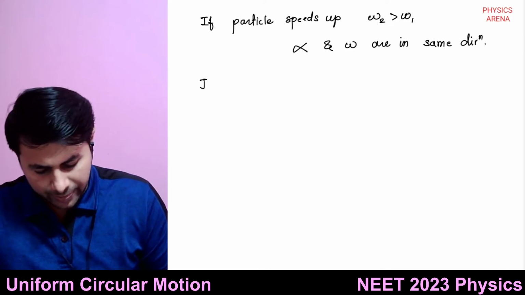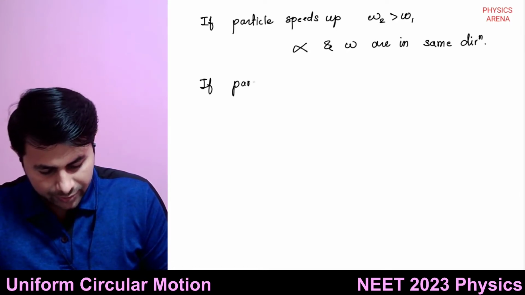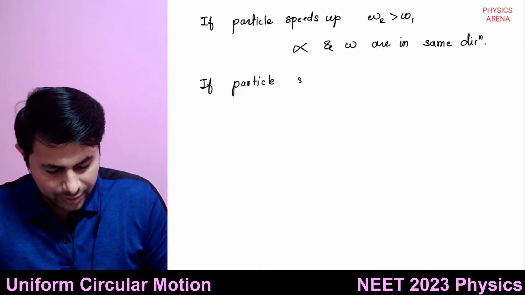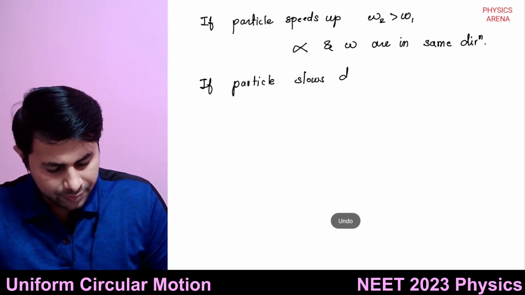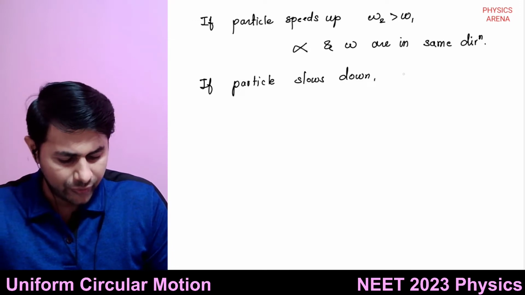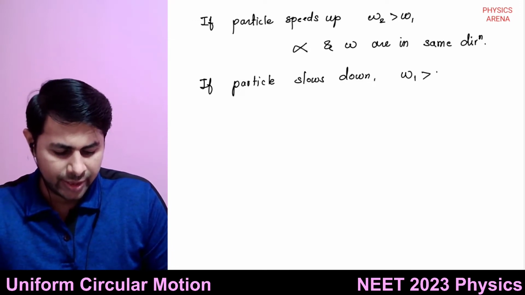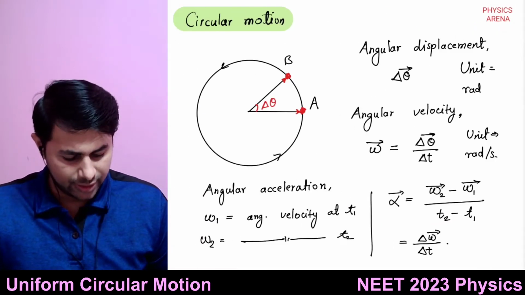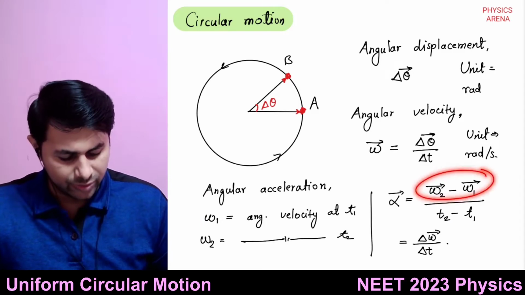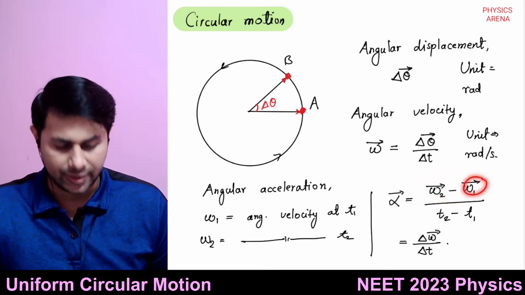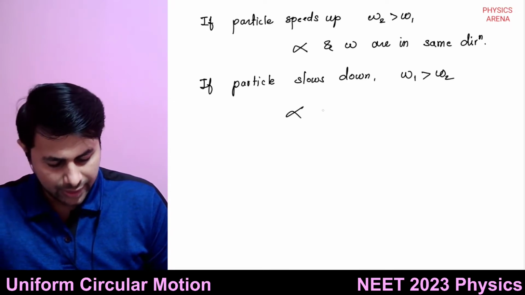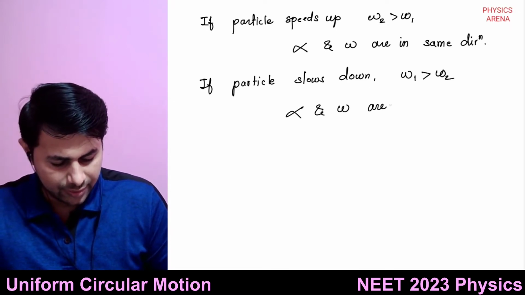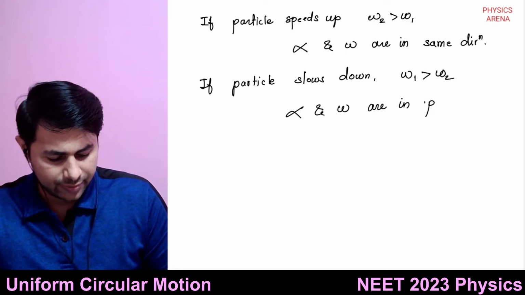If the particle slows down, omega 1 will be greater than omega 2, the difference would be negative, so alpha and omega are in opposite directions.